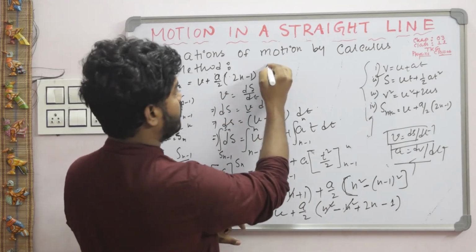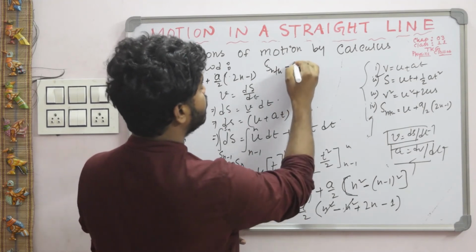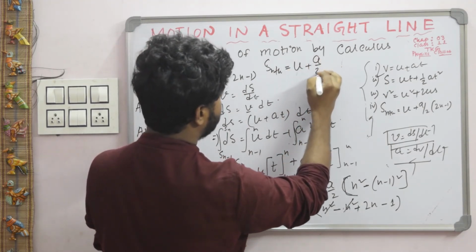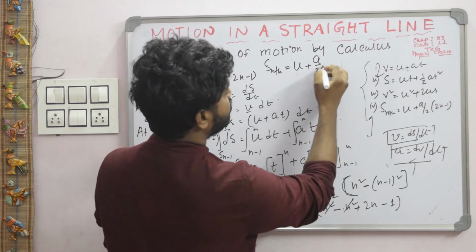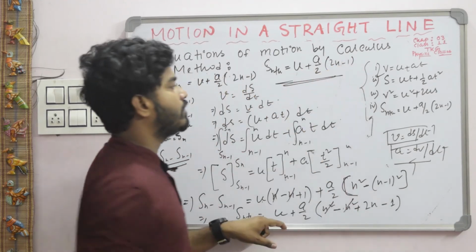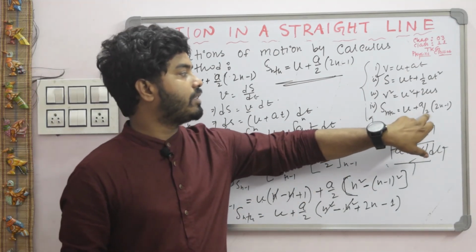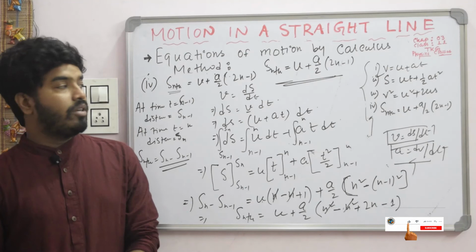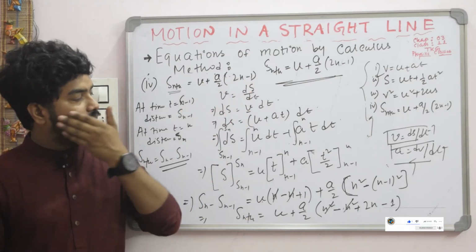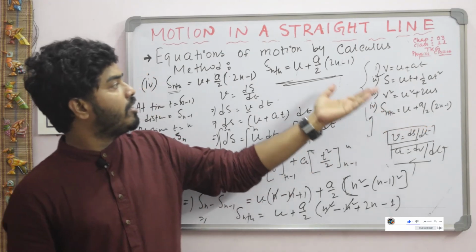So the final form, that is s nth is equal to u plus a by 2, and in the bracket there is 2n minus 1. That is the solution of the fourth equation, s nth is equal to u plus a by 2 into 2n minus 1. So this is the way for solving these 4 equations of motion for uniform acceleration by the calculus method.